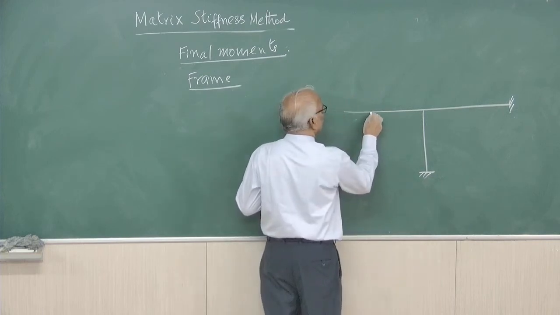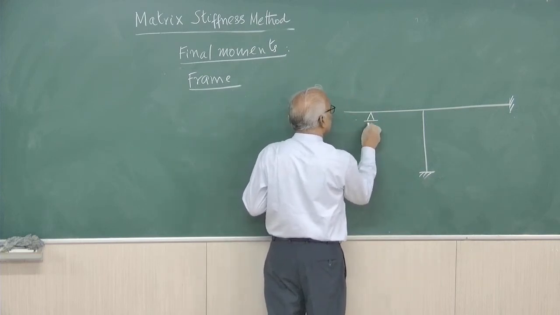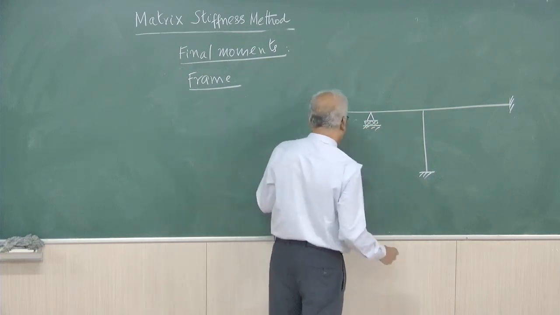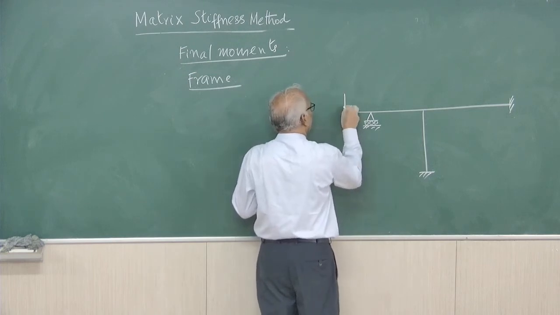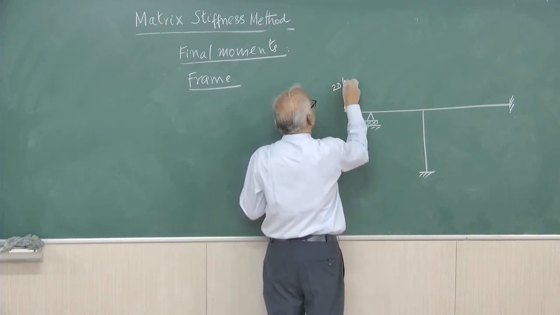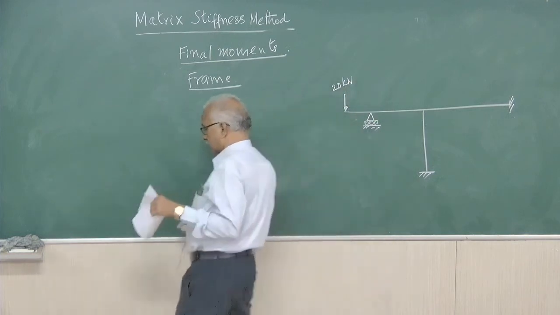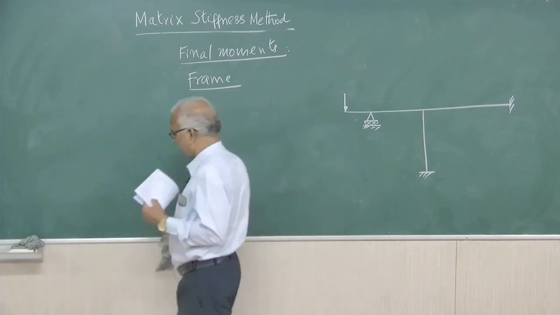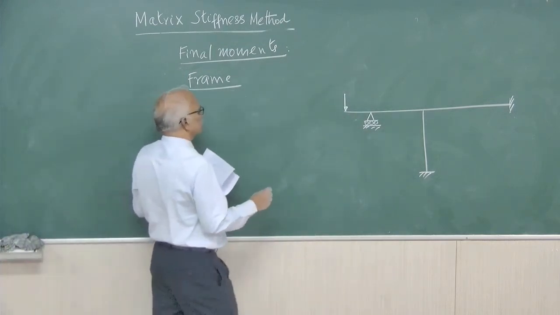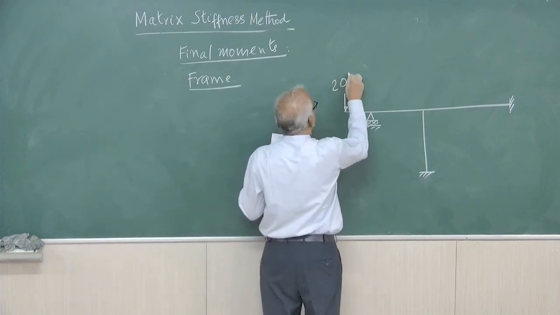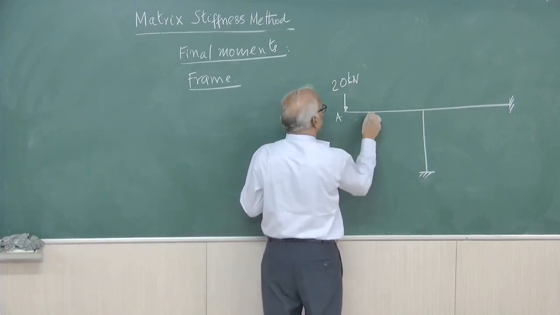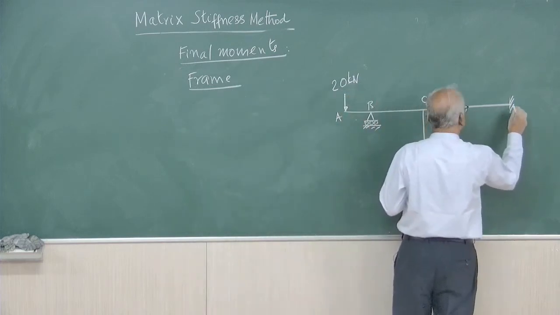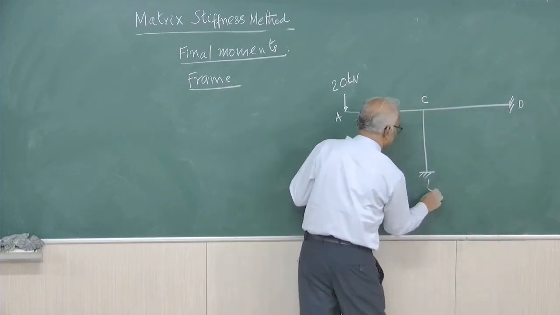Here there is a roller support, and this is subjected to a concentrated load of 20 kilonewton. This is A, B, C, D and E.